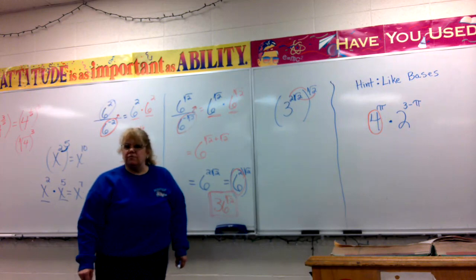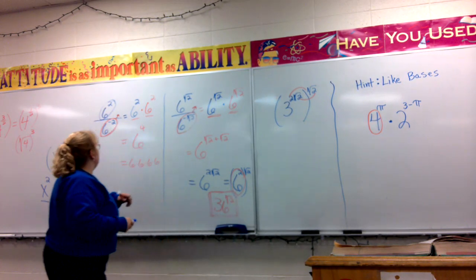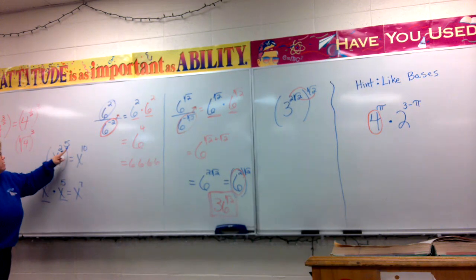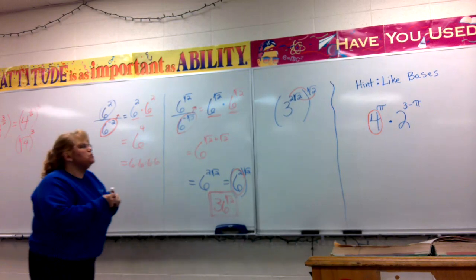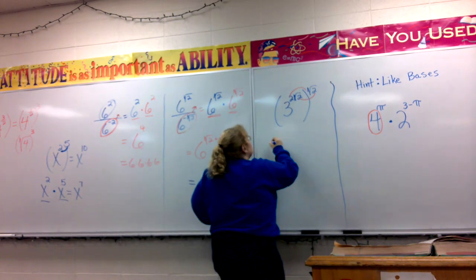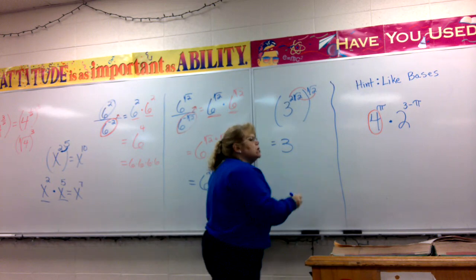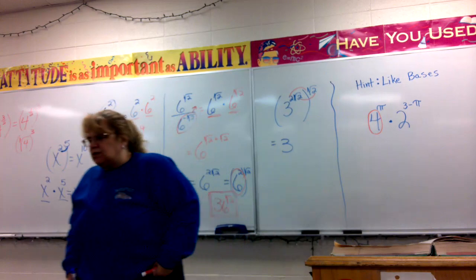Anybody with questions so far? Here I have a power to a power. Wait a minute. What did I do with the power to a power? Multiplied it. What do I do with the power to a power? I multiply it. The only thing is you have to make sure you remember, these are roots.